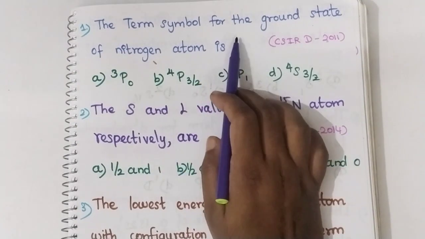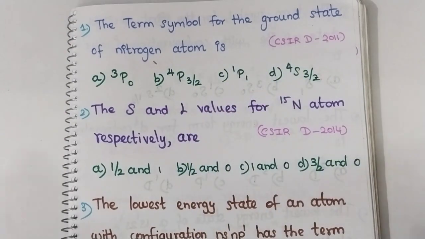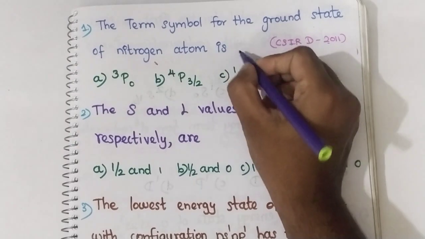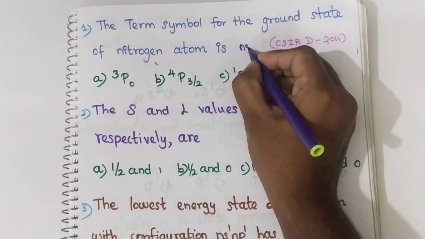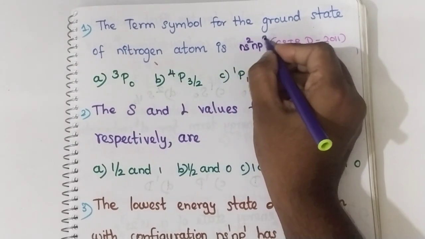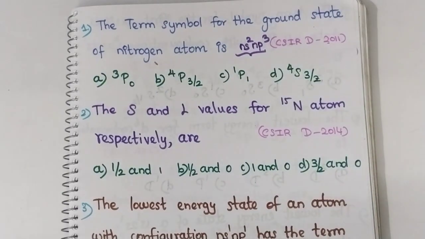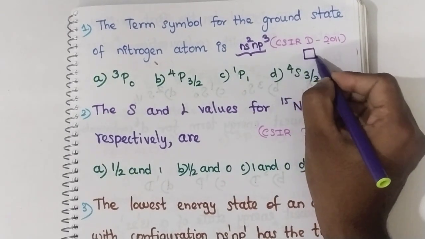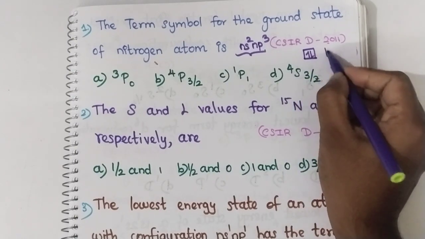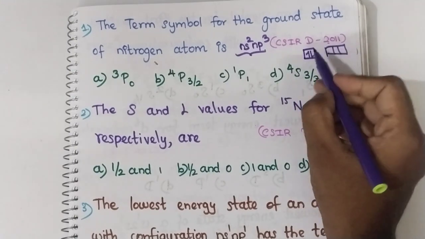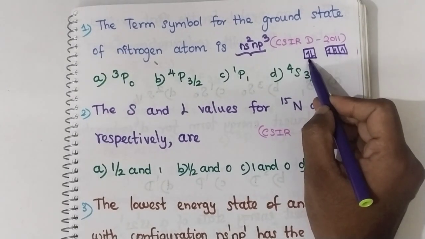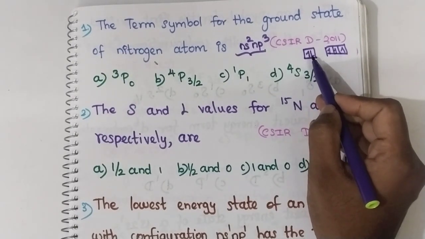The term symbol for the ground state of nitrogen atom. First of all, what is the ground state of nitrogen atom? Nitrogen atom is 2s2 2p3, right? For 2s2, no need to calculate because the electrons get paired here.